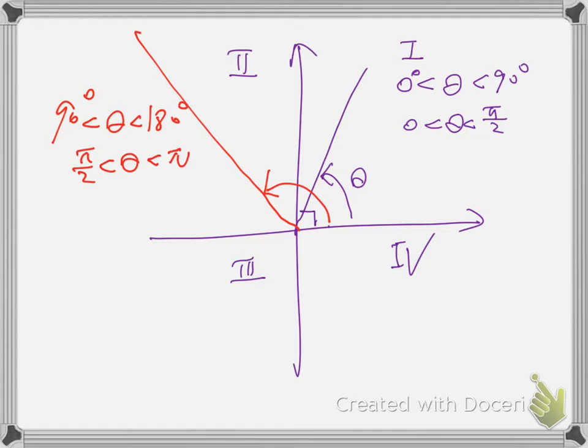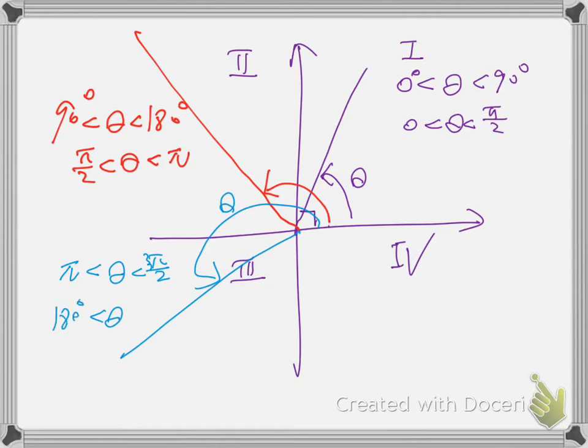Now if you have a terminal side in the third quadrant, this is theta, bigger than pi, less than 3 pi over 2. Or in degree measure, this is bigger than 180, less than 270. And then finally the last one, the fourth quadrant.